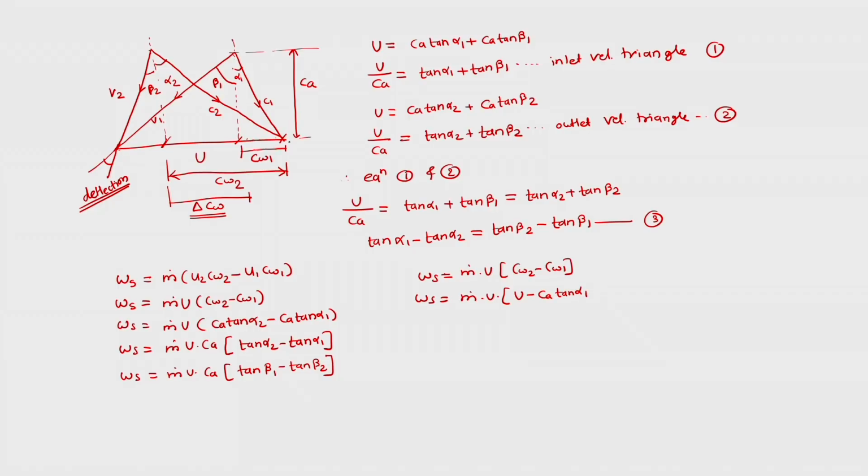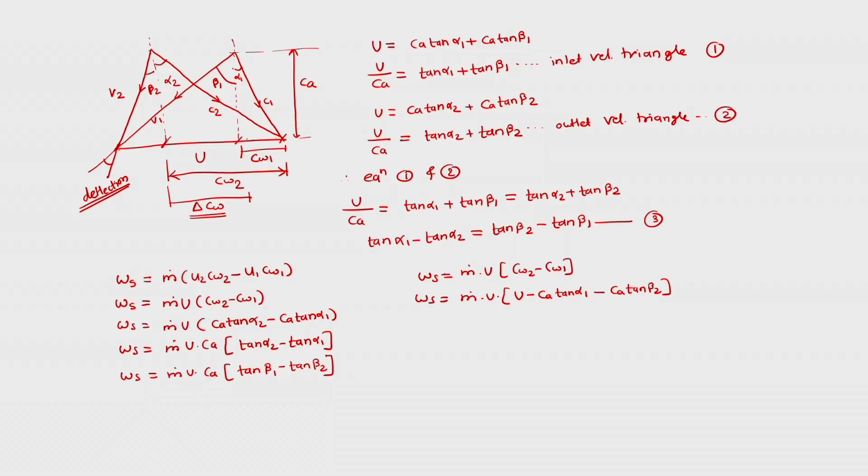So this big length minus this small length, which is Ca tan alpha 1. Then we have to write CW1. So CW1 is equal to Ca tan beta 2, which is this length. So this is the expression we can write for CW2 minus CW1.